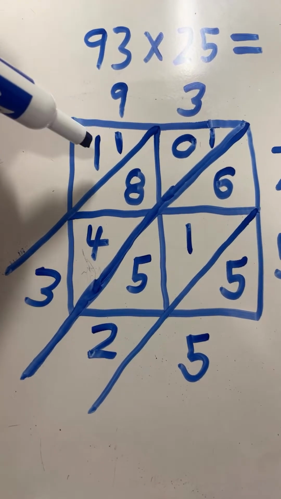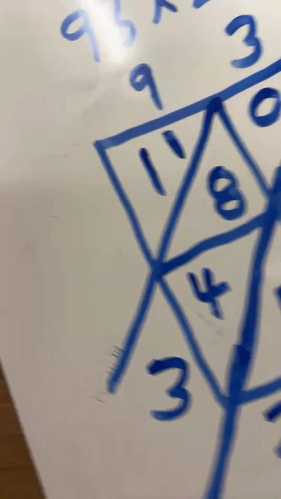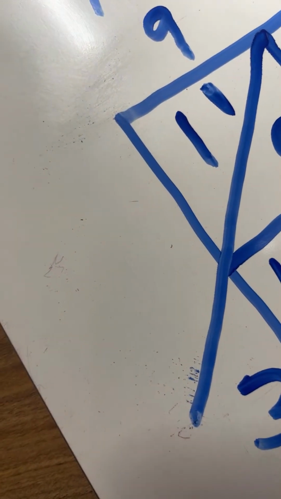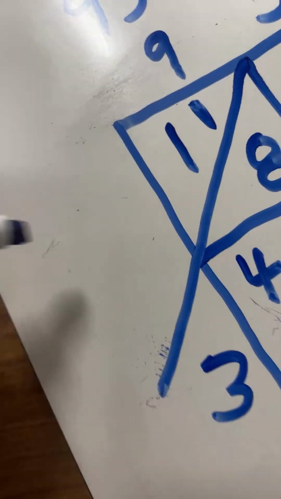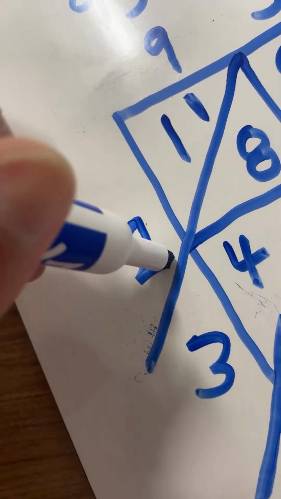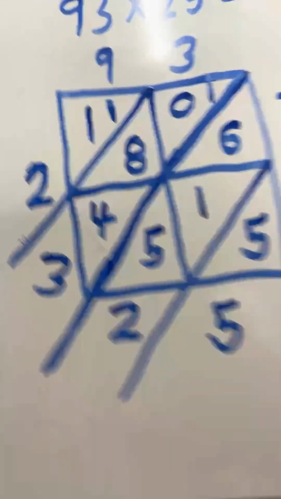So now for the last numbers that go along the last diagonal line, we have to add 1 plus 1. 1 plus 1 equals 2. Next, we just read the number from left to right.